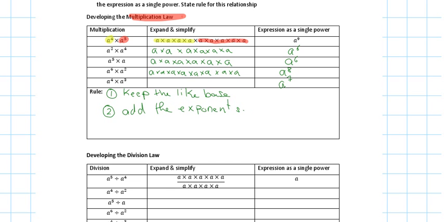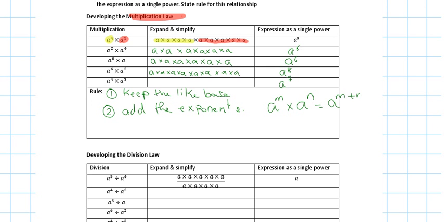So for example, if I have a to the power of m times a to the power of n, that's a to the power of m plus n. Okay? Important is I have the same base, it's not changing. Are we okay with this?